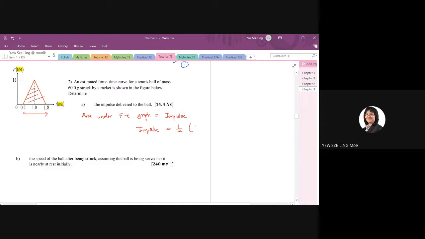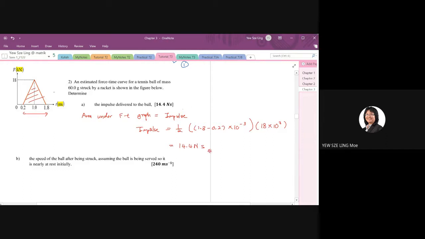So what do we have now? We have 1.8 minus 0.2 times 10 to the power of negative 3, and then times the height, which is 18 times 10 to the power of 3. Therefore, the final answer is 14.4 Newton second. This is the answer.